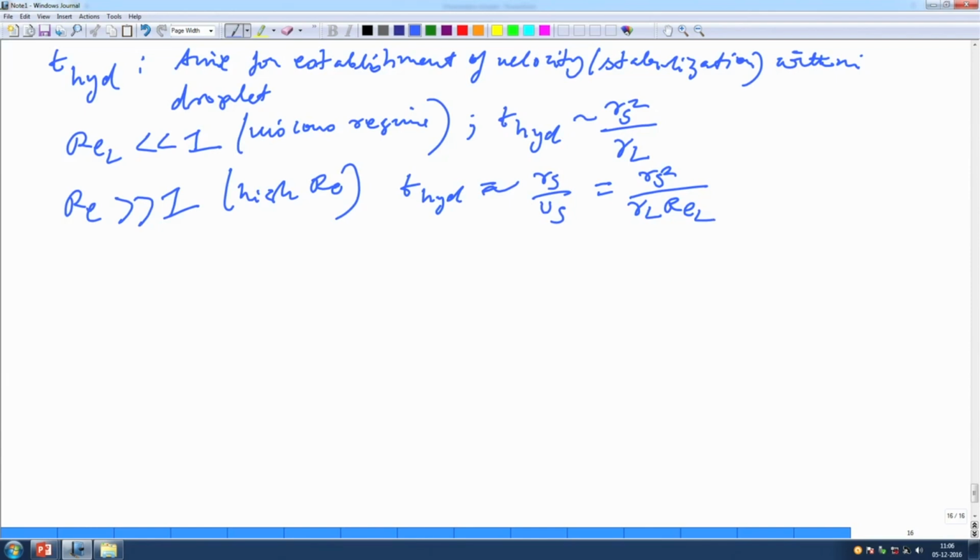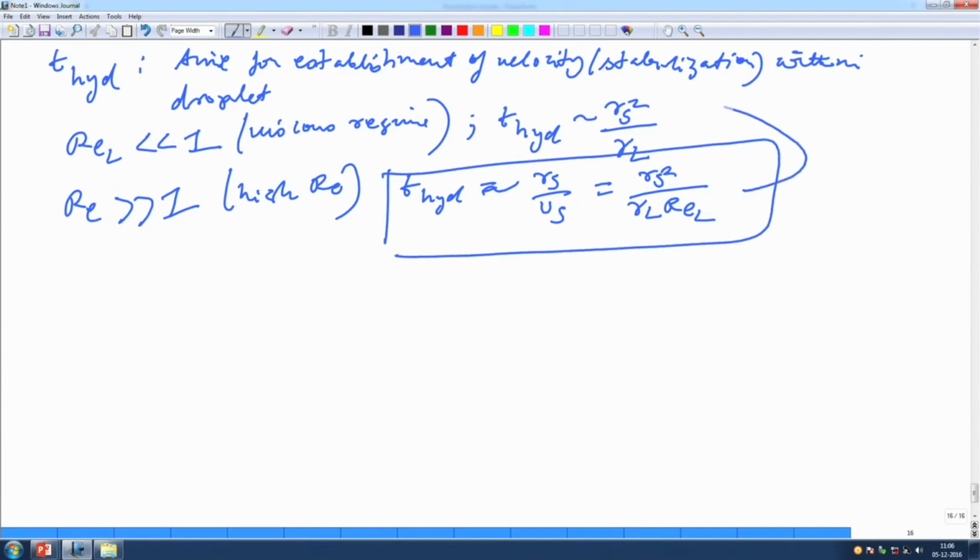So, in this particular case, one can readily see that this hydrodynamic time scale should be much shorter than that. Similarly, if you talk about a thermal scale, which is responsible for the temperature differential, that will still scale as Rs square by alpha_L.